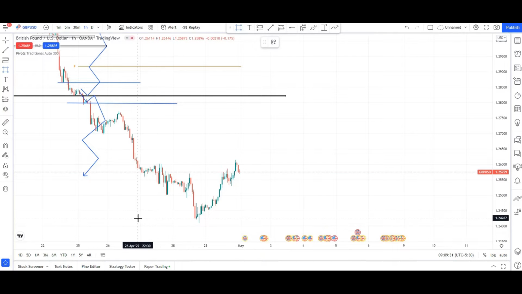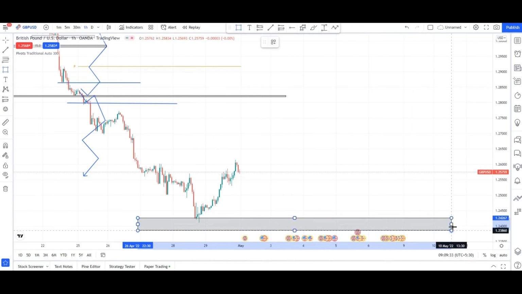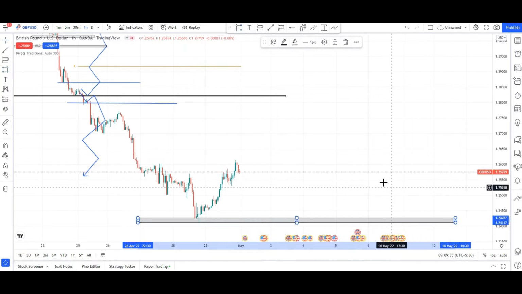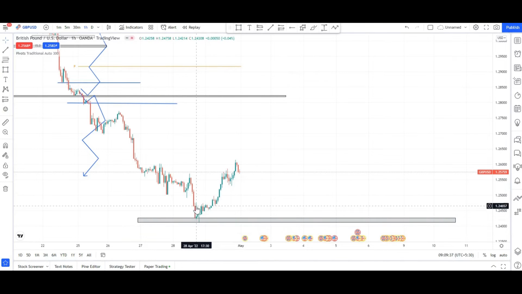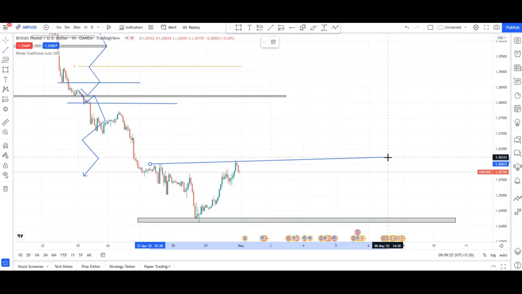This is the highly buyer area. You can see how long the wicks are that this single candle is making, then continuously sideways after the breakout. You can see how nicely it makes it. Right now this is the area where it is continuously acting as resistance.